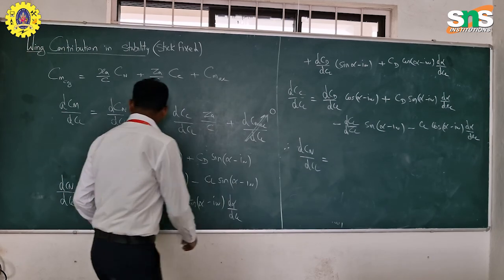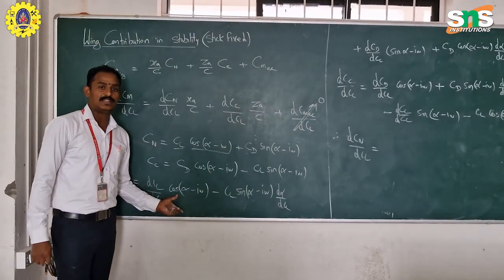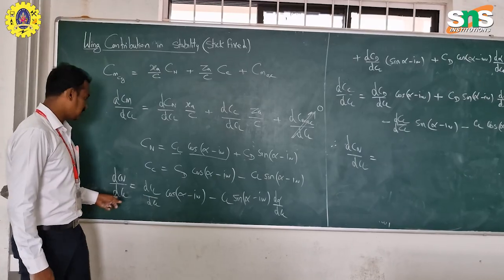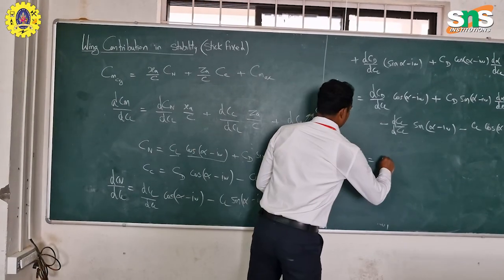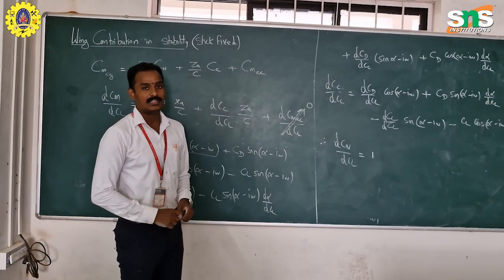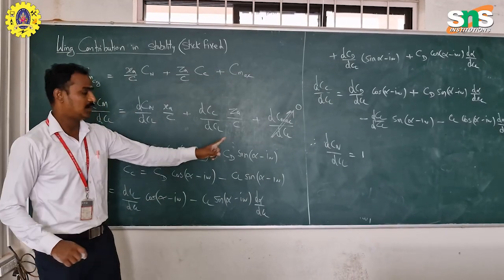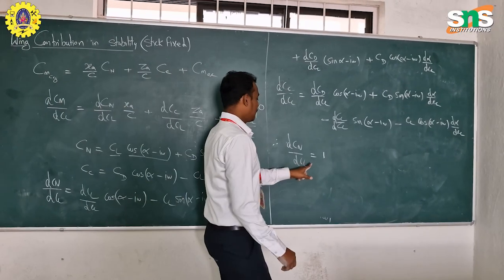Here the alpha is very small, and if we consider the incident angle as very small, then these terms are eliminated: cos 0 gives 1 and sin gives 0. So dCn by dCl is equal to 1.